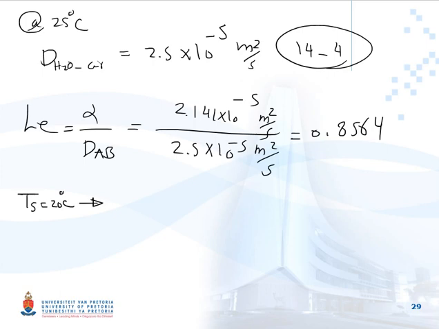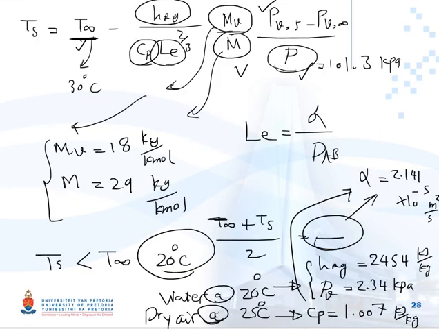Okay, so if the surface temperature is 20, if we go to the table, we can find the saturation pressure at 20 degrees, which is equal to 2.34 kilopascal. And this P_sat basically is this one.